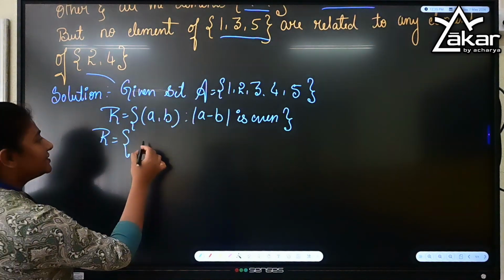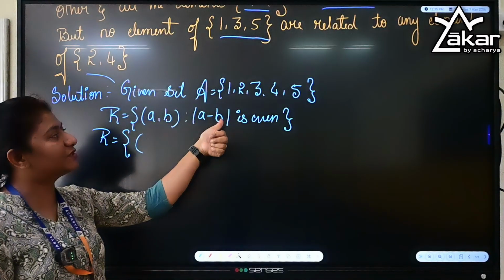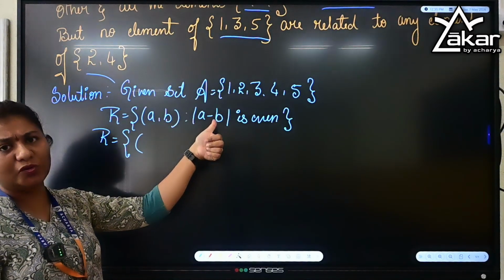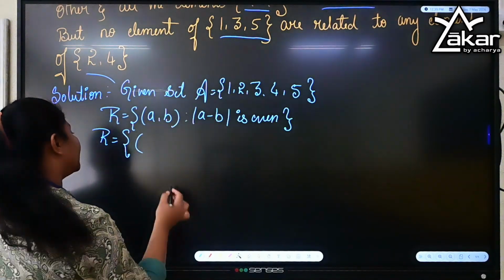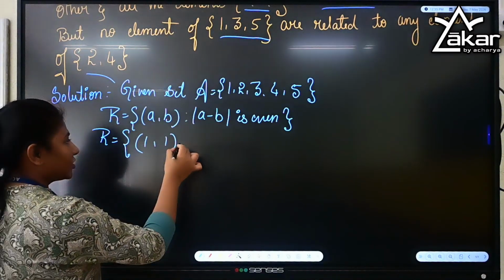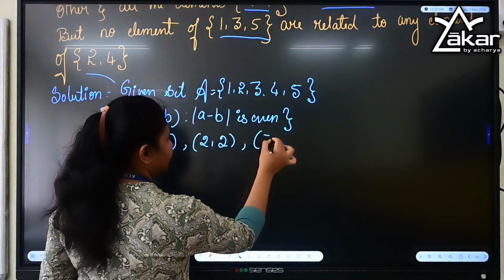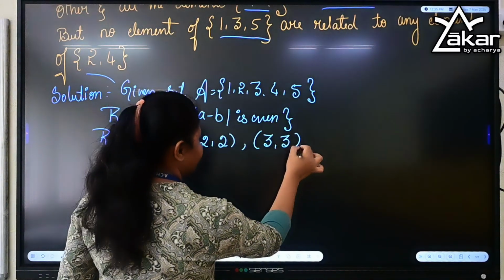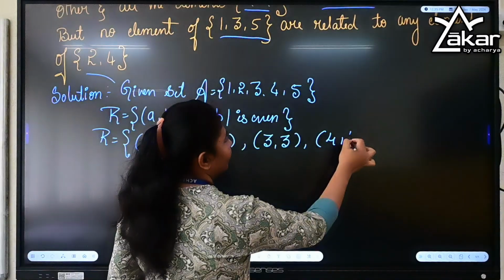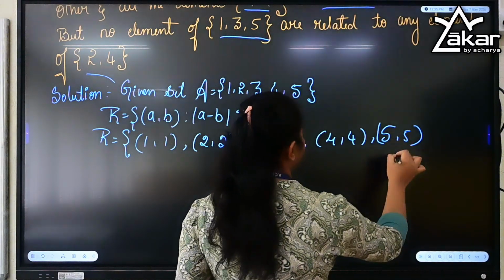Let us check. If I take, for the given condition, 1 minus 2, is it even? No. Then 1 minus 1, that is the set of all reflexive pairs, is possible. That is 1 comma 1 will come, 2 comma 2, 3 comma 3, again 4 comma 4, again 5 comma 5 can appear.